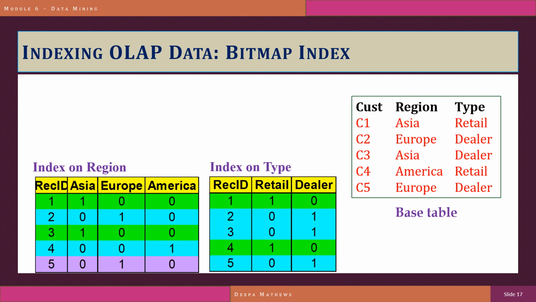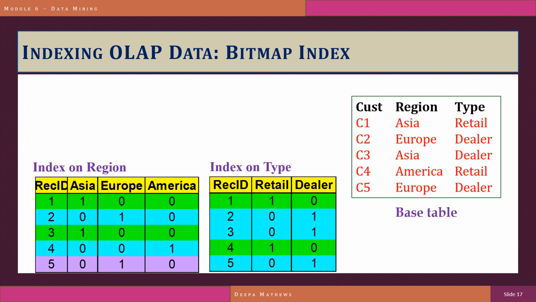In this example, we are given a table which consists of 3 attributes: cust, region, and type. And among these 3 attributes, cust is the primary key of the table. So as we know, there is no need to create a separate index for this primary key. With the help of the primary key, we can easily retrieve the data.